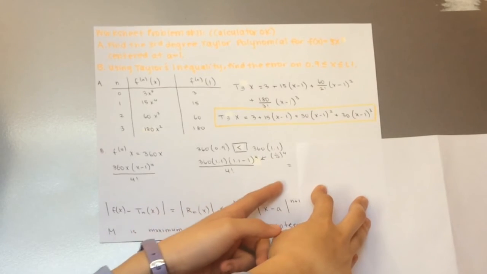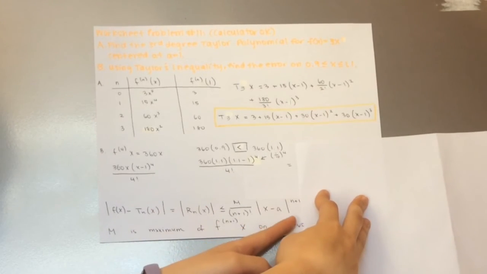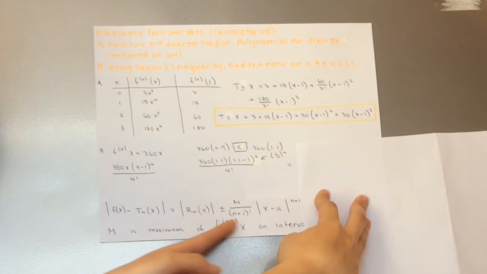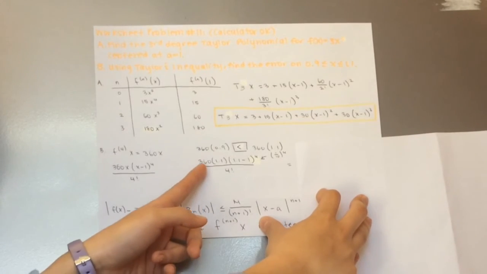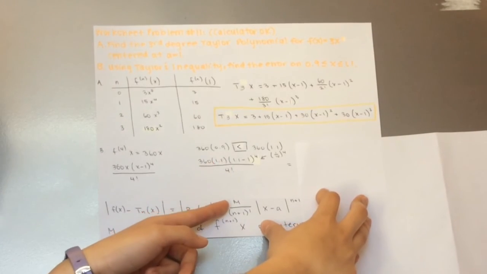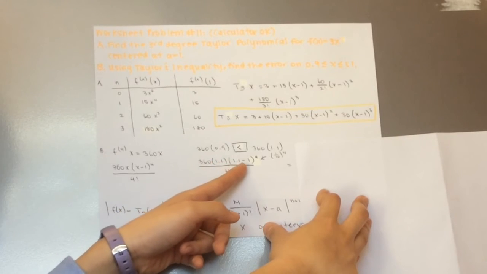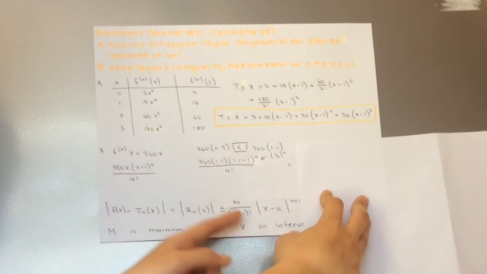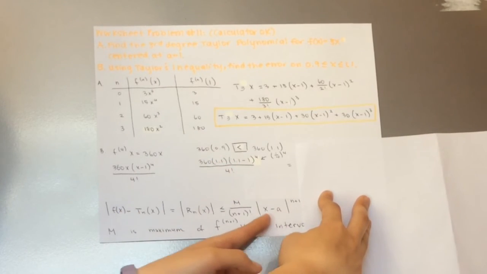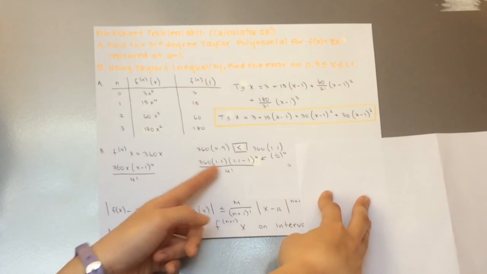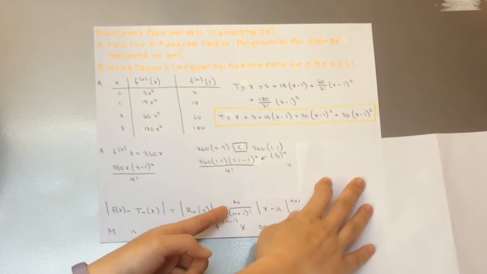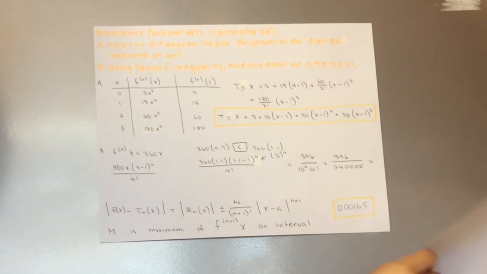Now, plugging this into the function to find the maximum error, we're going to get 360 times 1.1, so this is our m, times 1.1 minus 1 to the fourth power, that's our maximum value for this, over 4 factorial, which is n plus 1 factorial. So plugging all this into the calculator, we're going to get 0.00165 is our final answer.